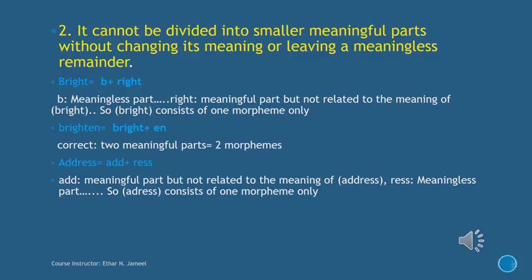That is why it cannot be divided into two parts, because once you divide the word address into two parts, you will have a meaningless part and a meaningful part with a meaning that is not related to the word address at all. So the word address consists of one morpheme only.